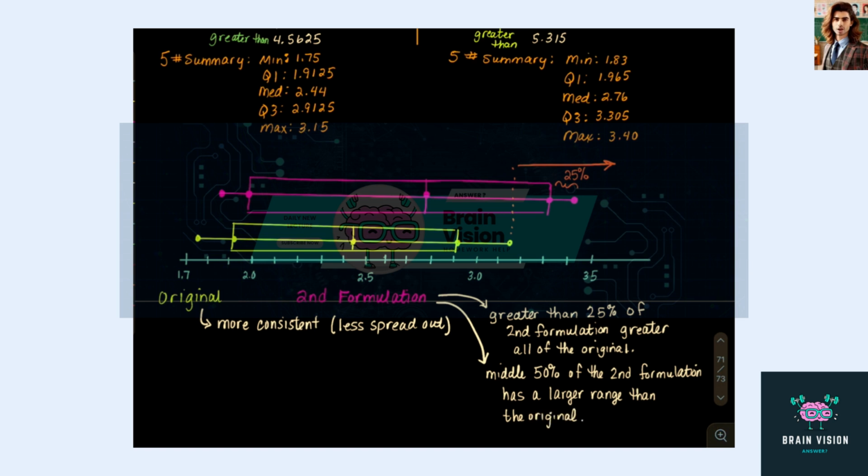And that was obvious by looking at the IQRs of each one. So the IQR of the original is right here. And you can see that the middle 50% is extensively larger than the original. So there are your side-by-side box plots that you can compare the two different sets of data.